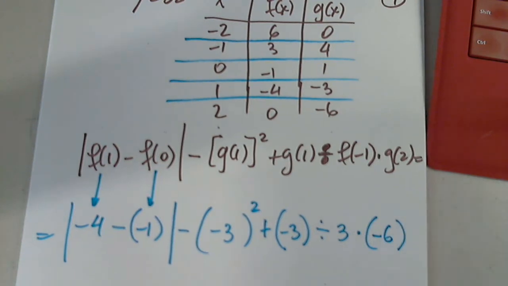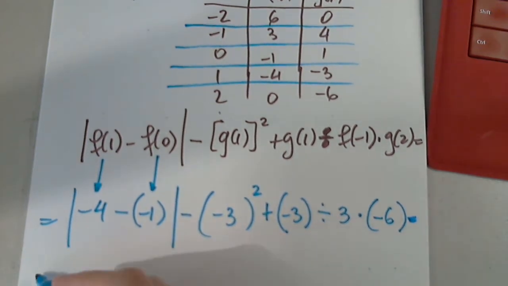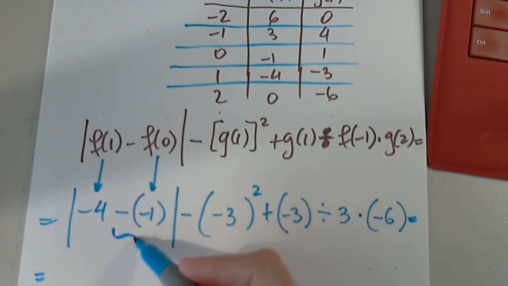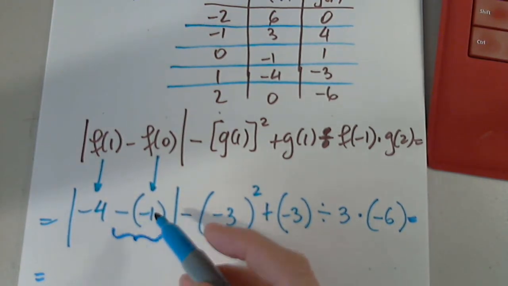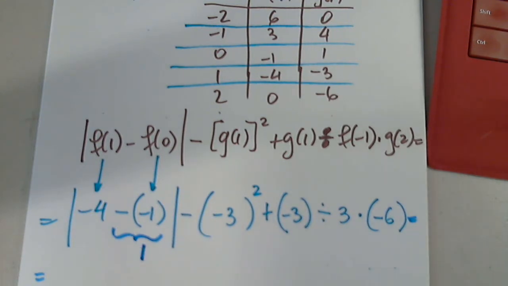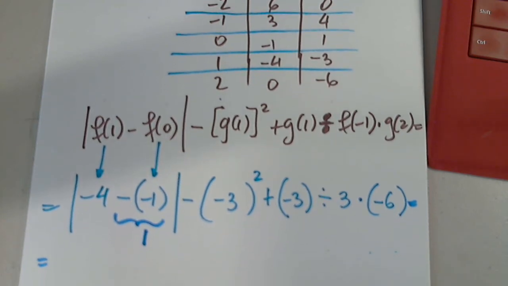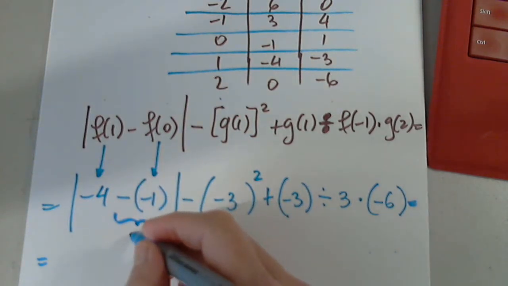-6. Okay. So now, step by step, let's simplify and perform the operations in the correct order. So I see here that this is -1, the opposite of -1, which will be 1. Do we all agree with that? I'm assuming you agree. -4 plus 1, because this is positive now.